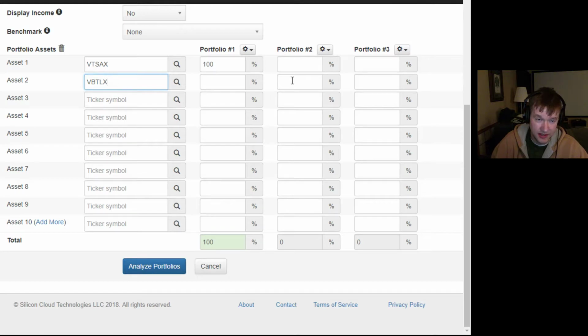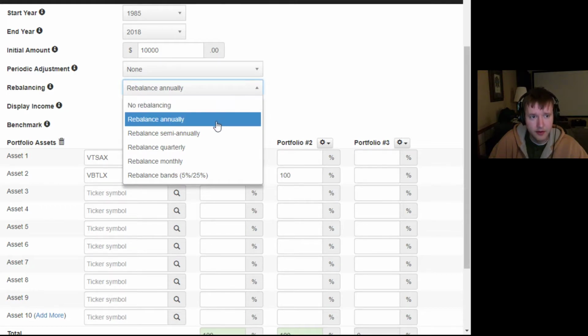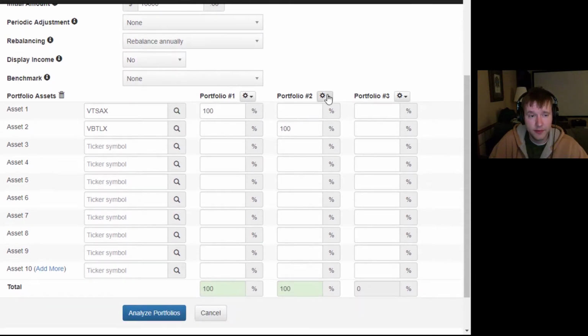So this is like a bond portfolio, right? Portfolio number 1 has nothing but stocks, and portfolio number 2 has nothing but bonds. They rebalance annually. Turns out that there will not be any rebalancing here because they only hold one category of assets, so there will never be anything to rebalance.